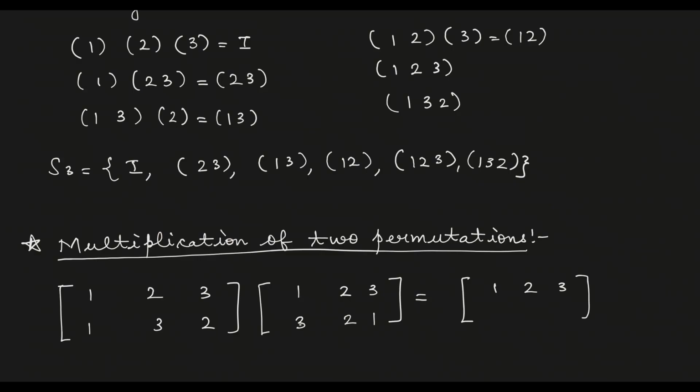Here 1 is mapped to 3 and 3 is mapped to 2, so finally 1 will be mapped to 2. 2 is mapped to 2, and 2 is mapped to 3. 3 is mapped to 1 and 1 is mapped to 1.